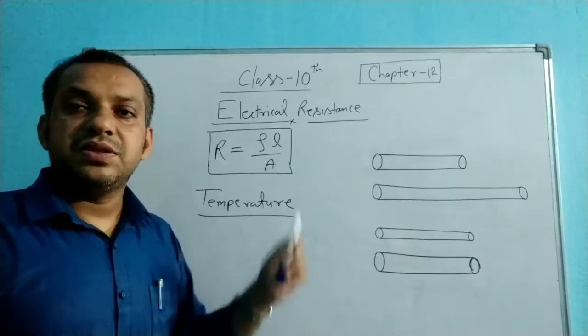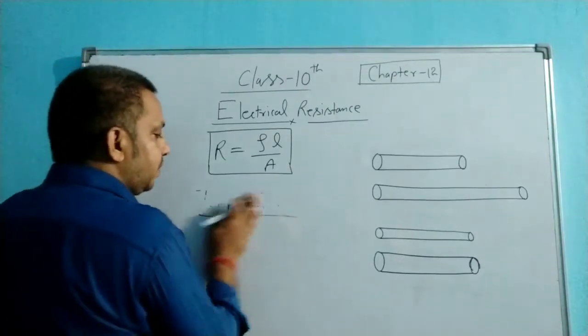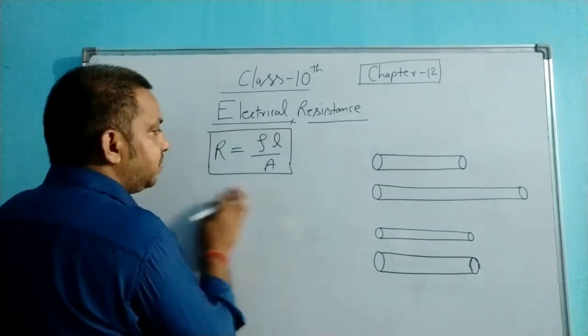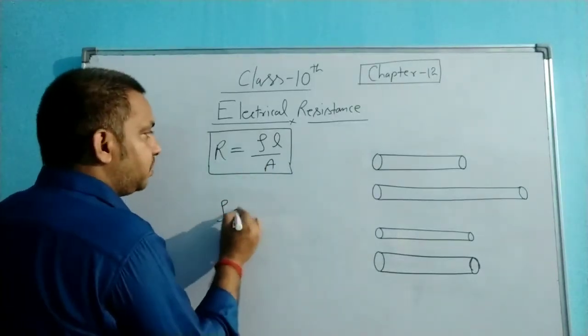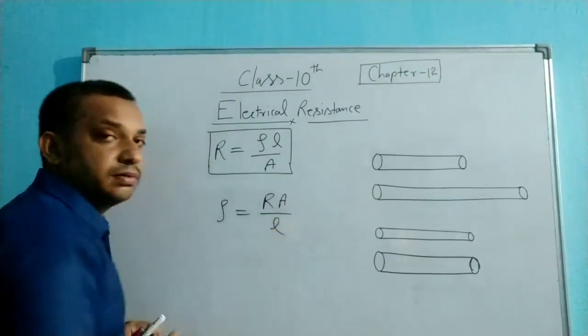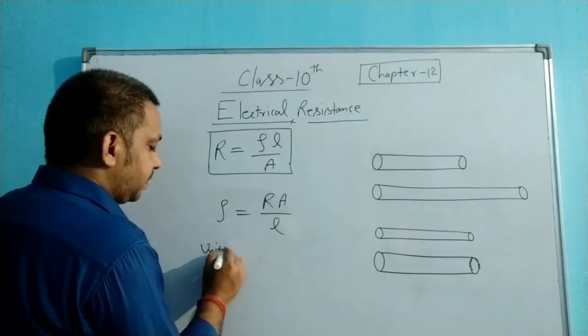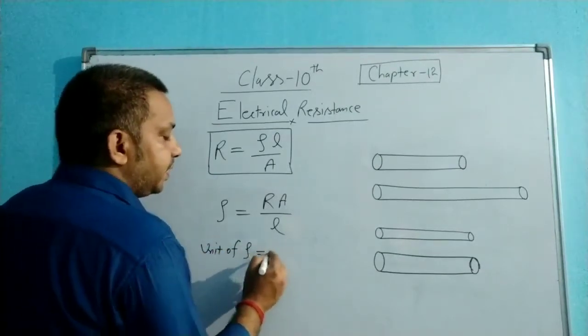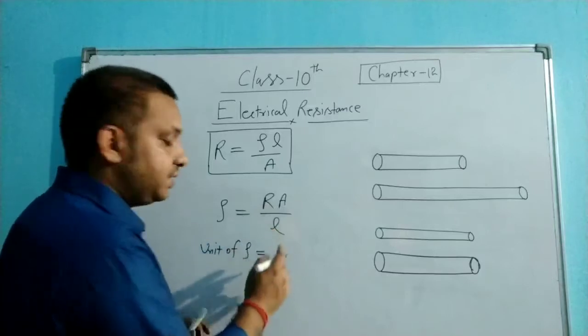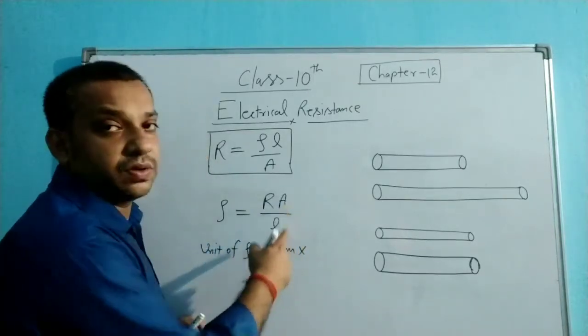Let us discuss what is the unit of the specific resistance. We know the formula R is equal to rho L by A. So rho is equal to R into A by L. What is the unit of resistance? It is ohm. And what is the unit of area of cross section?